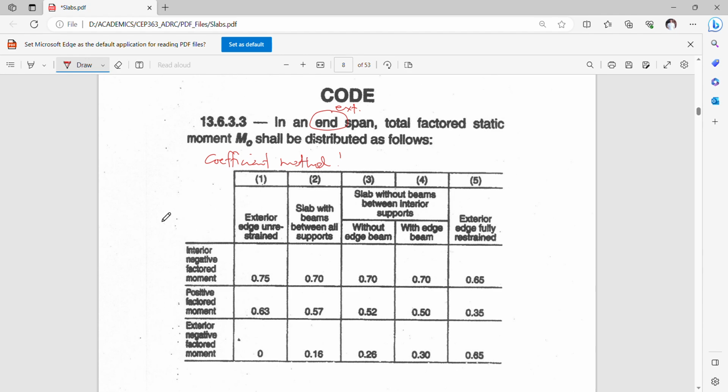And if we are talking of exterior span, as I told you a while ago, then your moment diagram is not symmetrical. So it favors a little bit on the end support. Okay, the end support is smaller, has a smaller moment than the first interior support here. That's why if you will notice, the interior negative factor moments are bigger than the exterior negative moments rather.